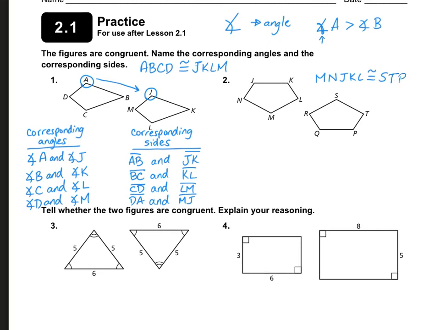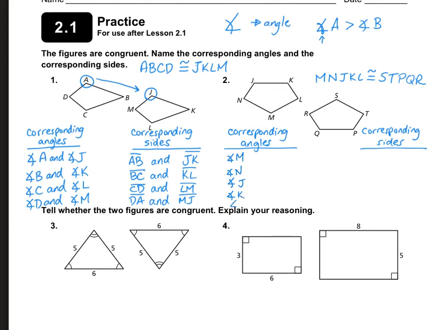S, T, P, Q, R. So the reason why I decided especially on this one is since it's upside down, it's going to get a little bit confusing when I have to write my corresponding angles and corresponding sides. Okay, so I'm going to write down all of my angles for this one on the left. So that would be M, N, J, K, and L. And then I'll write the word and.